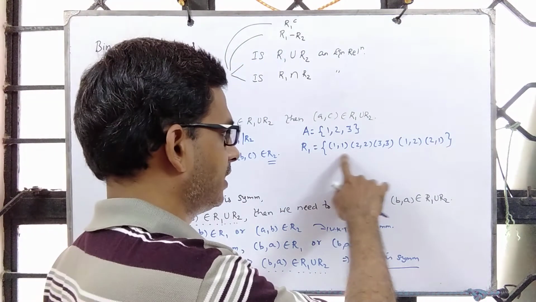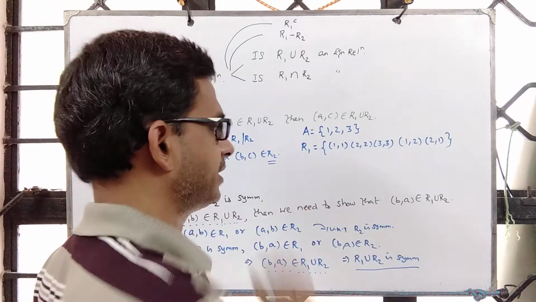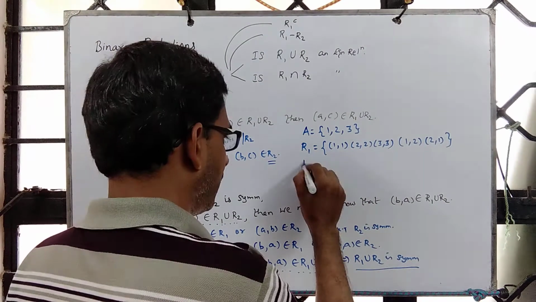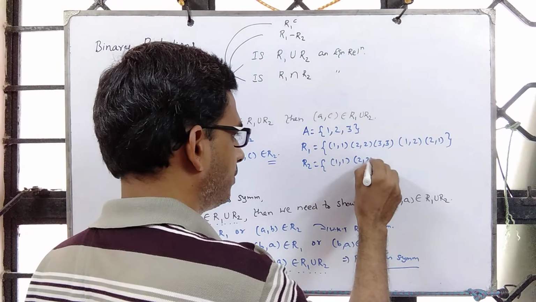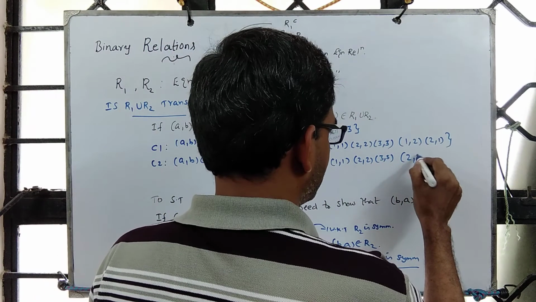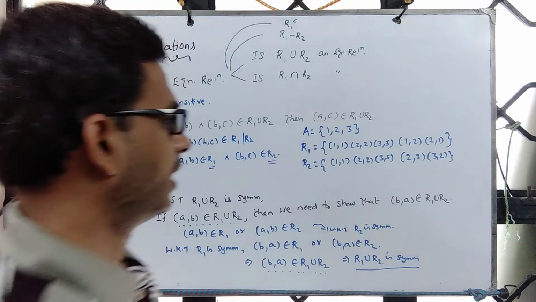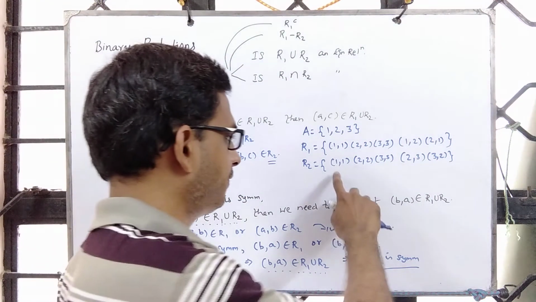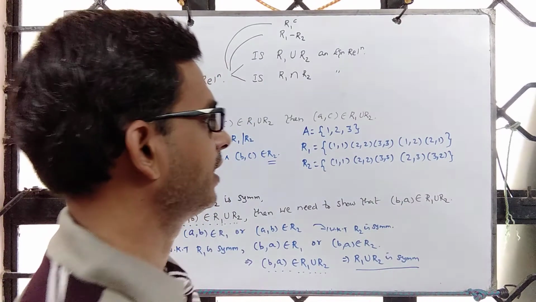It is reflexive, symmetric, and transitive. And R2, another equivalence relation: (2, 2), (3, 3), and say (2, 3) and (3, 2). R2 is an example of an equivalence relation. It is reflexive, symmetric, and transitive.